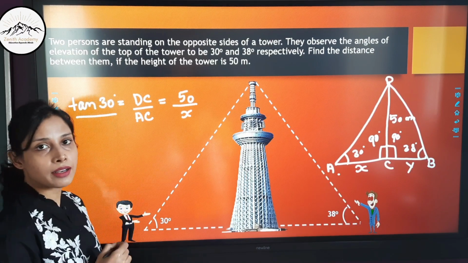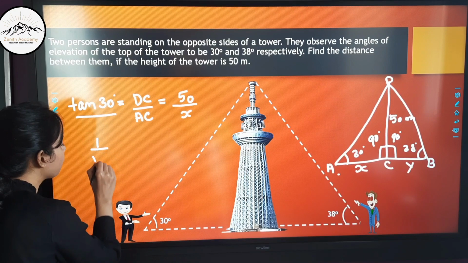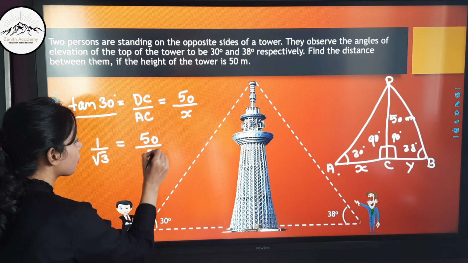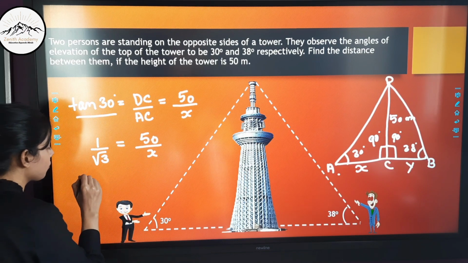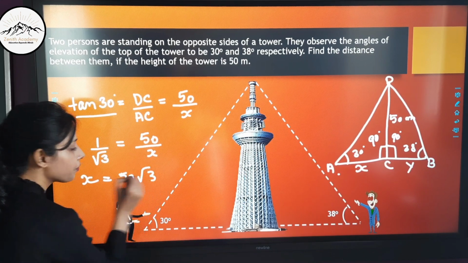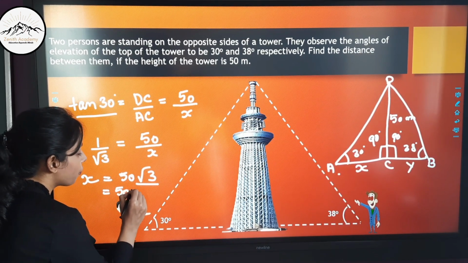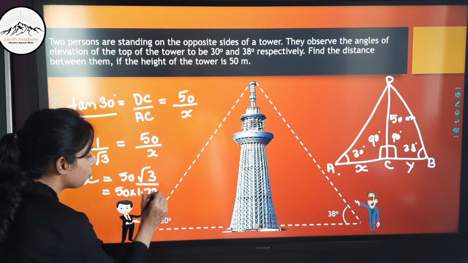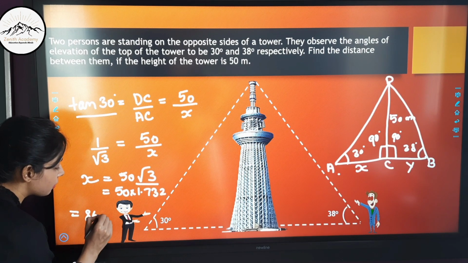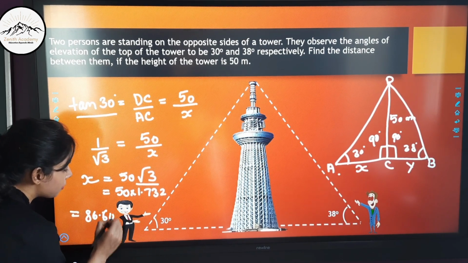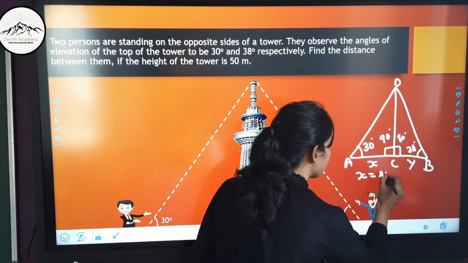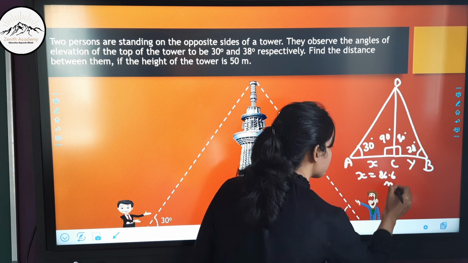Remember we learned in standard angles, it is 1 by root 3, is equal to 50 upon X. So X is equal to 50 root 3. So 50 into 1.732, which will give us 86.60 meters approximately. So we found the value of X is equal to 86.6 meters.